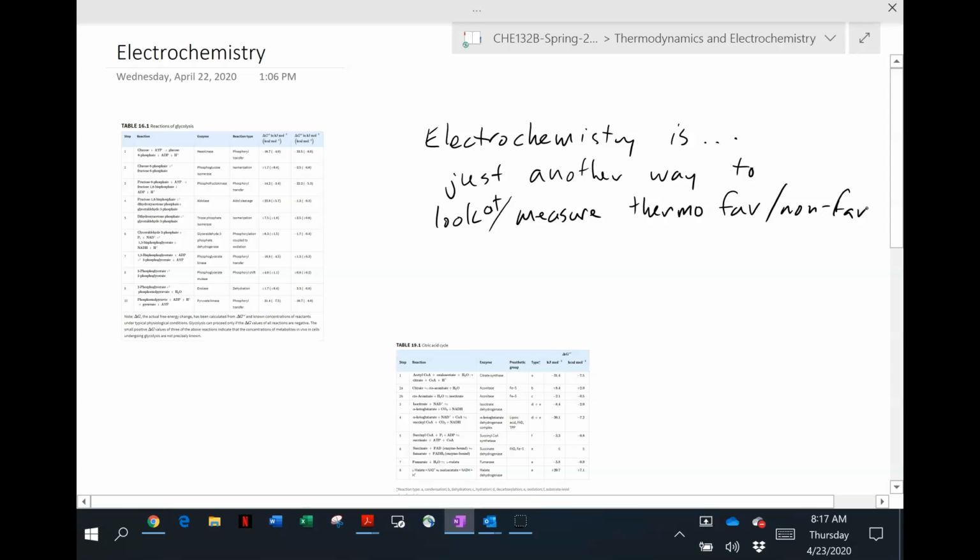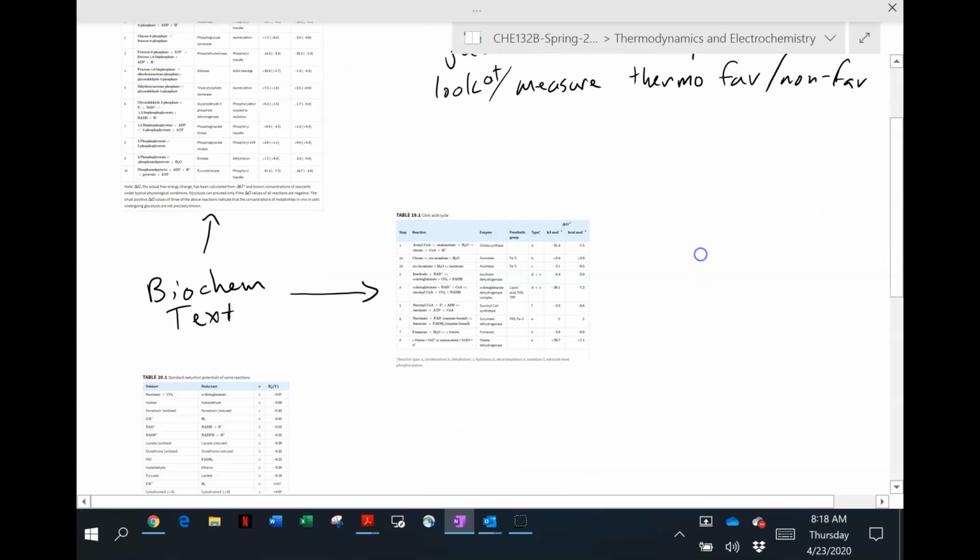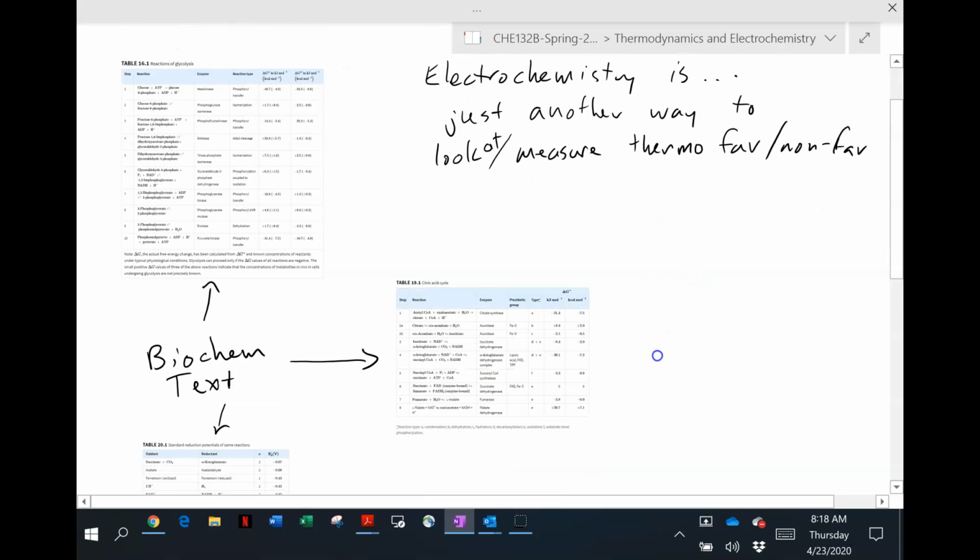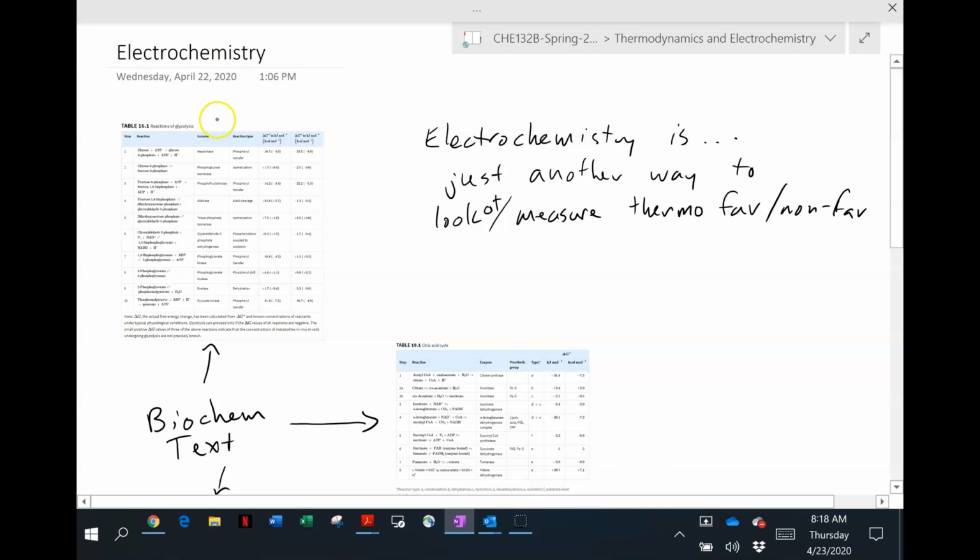Spontaneity, non-spontaneity, to use the old terms. So these are tables from a biochem book, the biochem textbook, in fact, that we use in our biochem course. And this first table is glycolysis. The second table is about the Krebs cycle, or the tricarboxylic acid cycle.